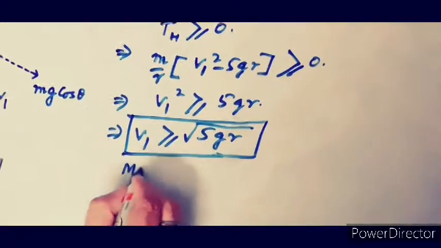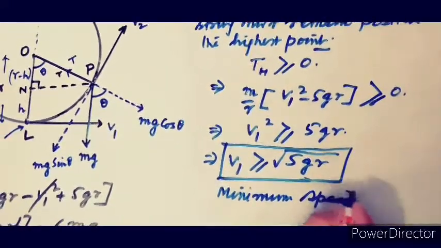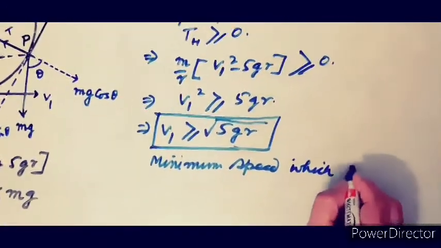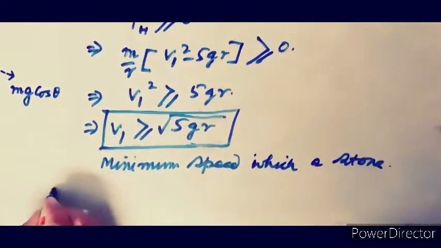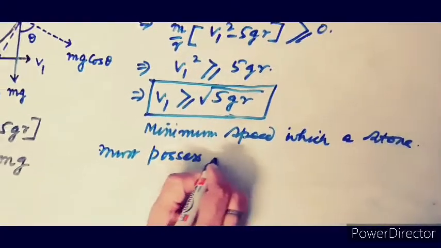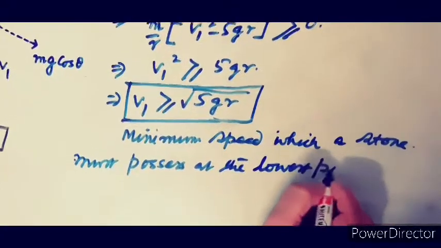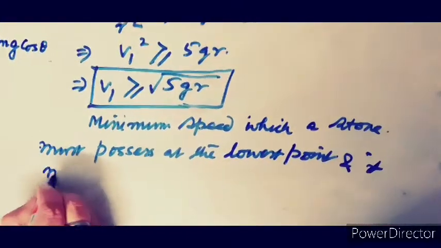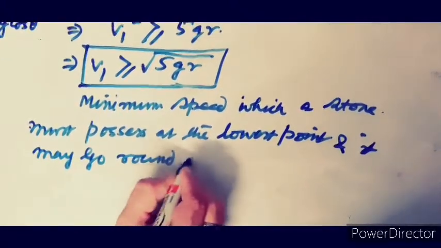That is the minimum speed which a stone must possess at the lowest point and it may go round the vertical circle.